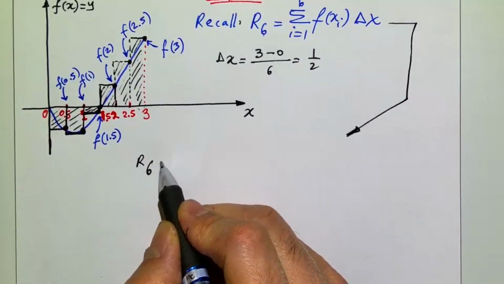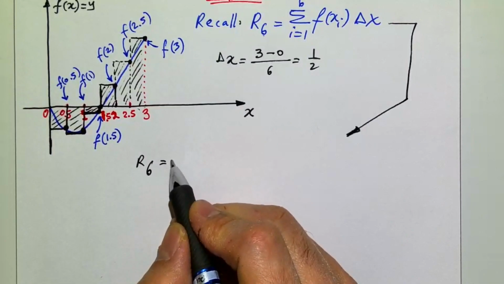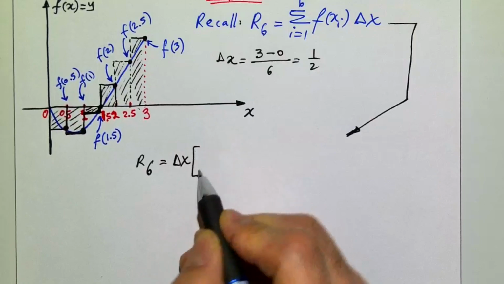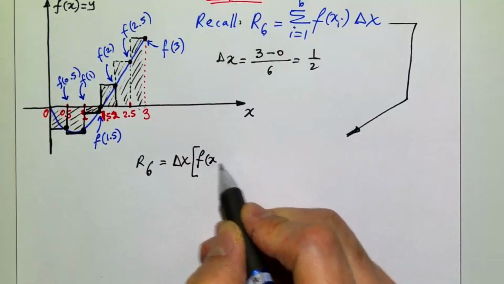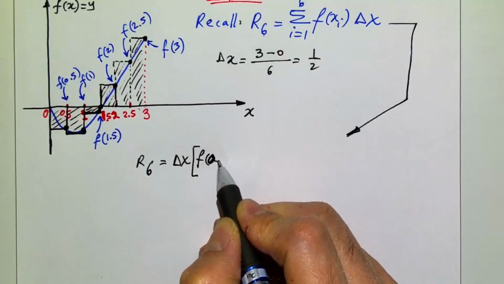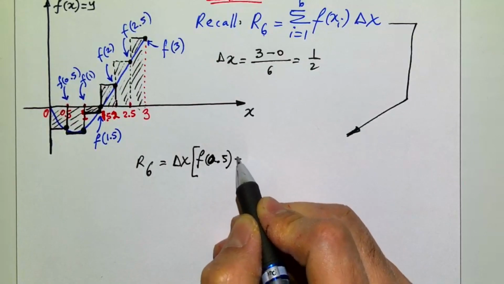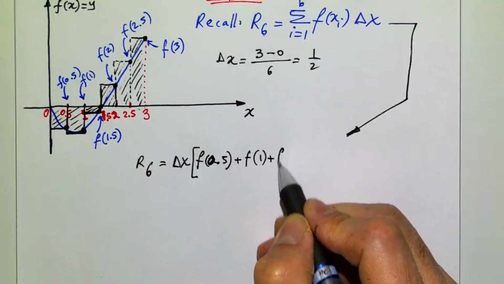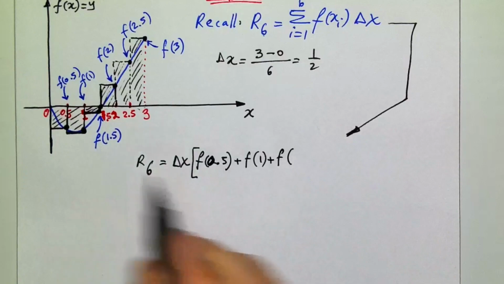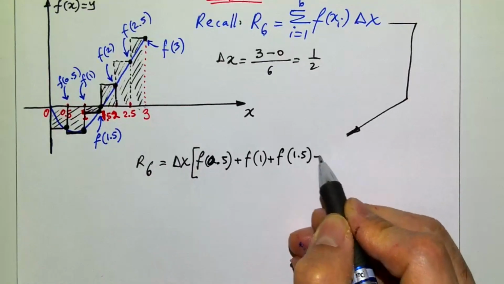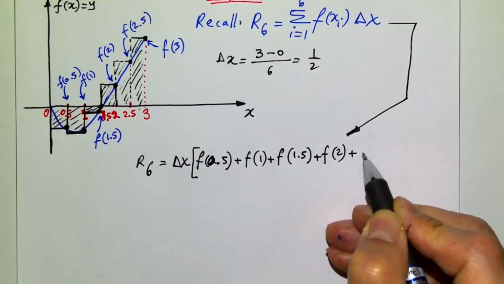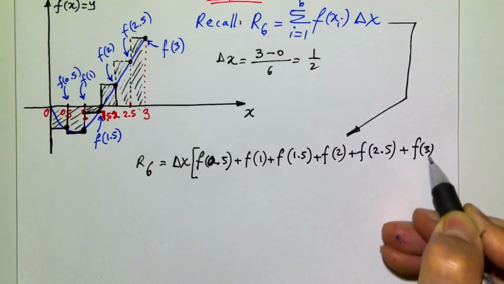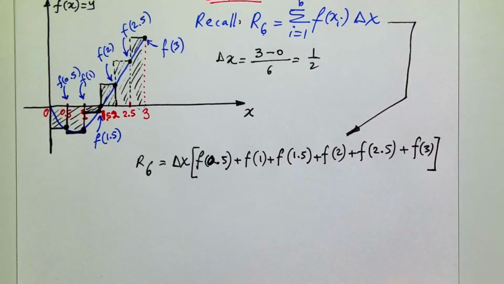We have the Riemann sum of 6 rectangles, and delta x times f at 0.5 plus f at 1. I'm just listing those in an equation. F at 1.5 plus f at 2 plus f at 2.5 plus f at 3. Okay.